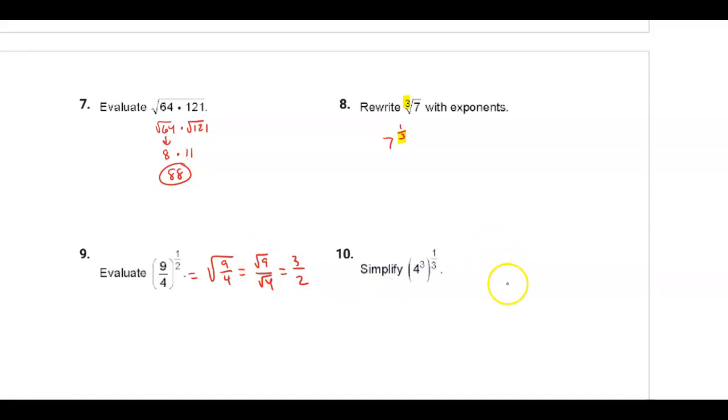And the last one, 4 to the 3rd, to the 1/3. When I multiply these together, I'd get 4 to the first power, which is just 4. Okay, go ahead, try the quiz, and let me know if you have any questions.